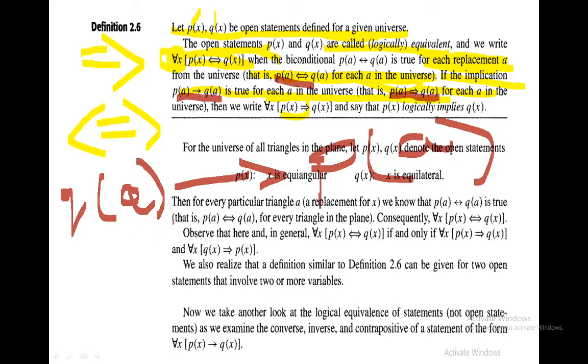So this is also going to be true. If both are true, then only I can say p of a is logically equivalent to q of a, or else we can say p of a logically implies q of a. So at the last, we can say for all x, p of x logically implies q of x, then only it is going to be true. This is one definition. Understood?